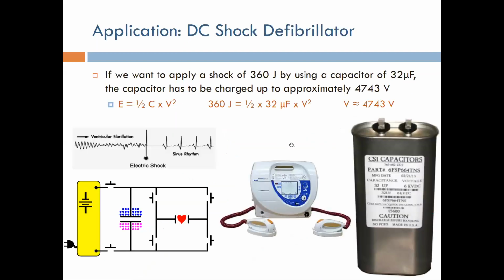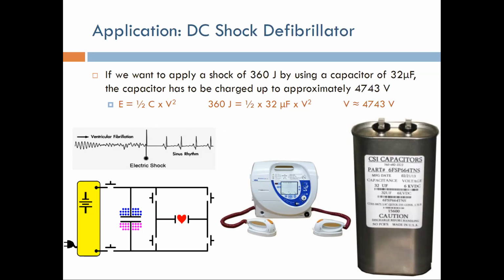The last application I'm going to talk about, the last part of this lecture, is an application for the DC shock defibrillator that we talked about before. It's exactly the same idea. You store a particular energy in the capacitor, and you discharge it, usually using 360 joules. 360 joules, by the way, is the standard of energy used by defibrillators.